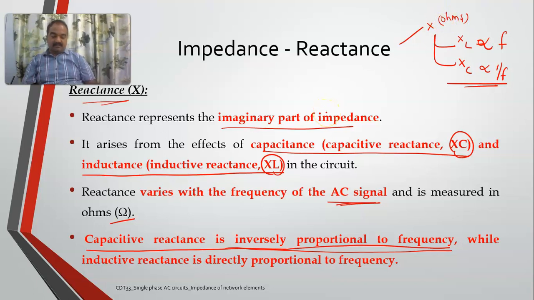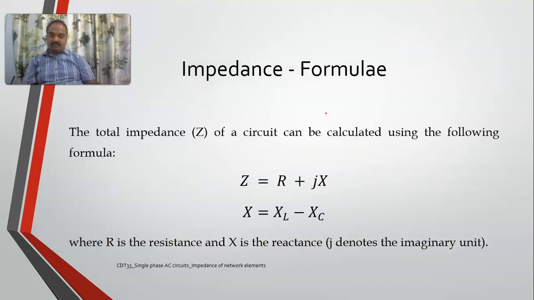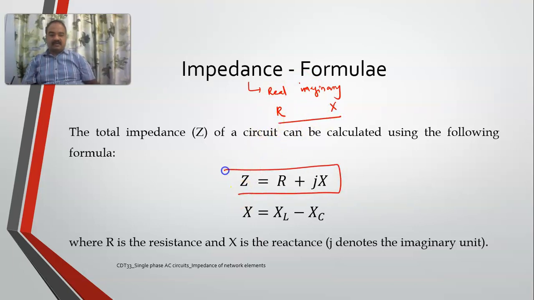As a whole, impedance is a combination of two parts, a real part and an imaginary part. Real part is R, imaginary part is X. If I represent it in complex form, Z is equal to R plus jX, where R is the resistance, X is the reactance, and j is the imaginary unit.